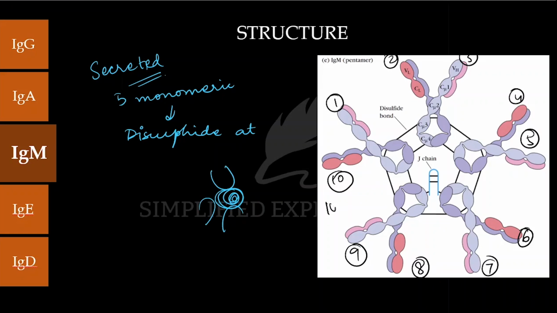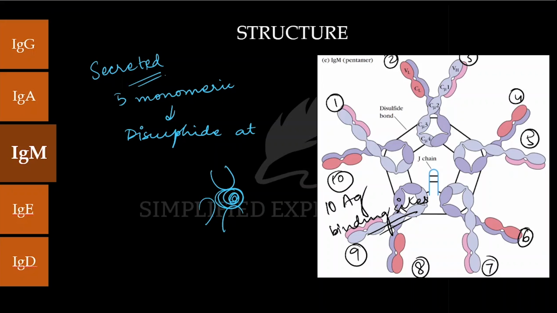There are 10 antigen binding sites on these Fab regions.